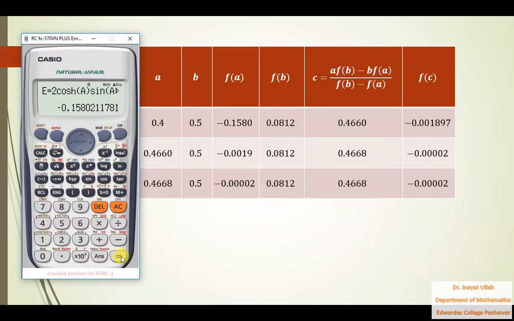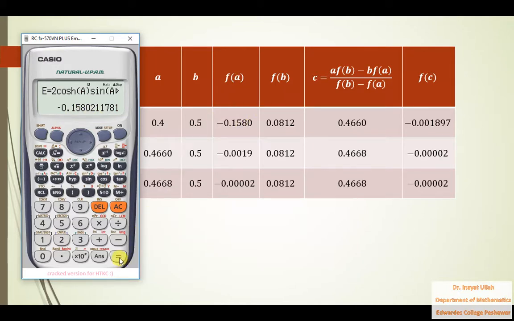This is e, which is actually f of a. So f of a is minus 0.15. We need to find the root up to 4 decimal places, so we will write f of a up to 4 decimal places, 0.1580. This is f of a.